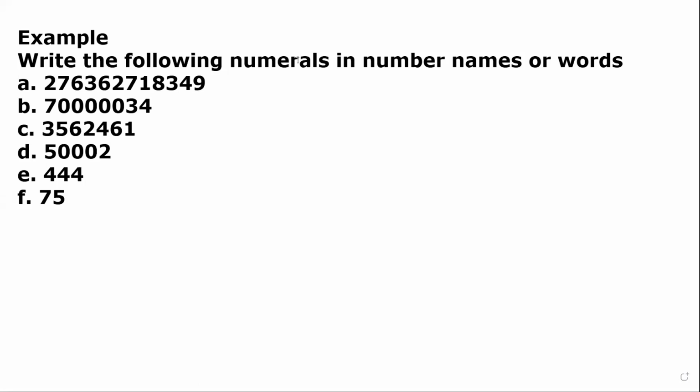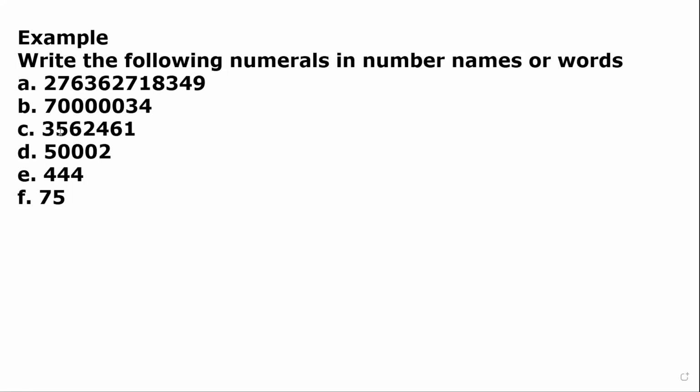Now, example. Write the following numerals in number names or words. So all these numbers, we are going to write names for that. When you take A, it is 276362718349. B is 70000034.